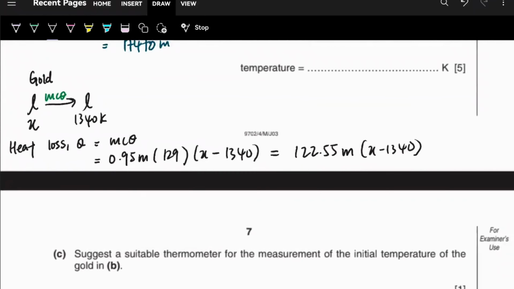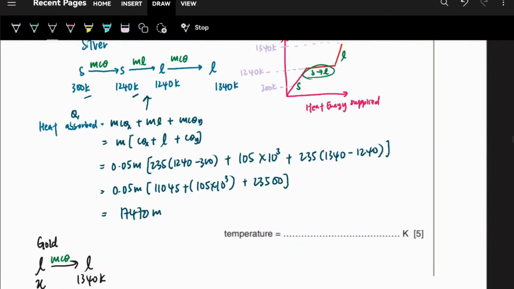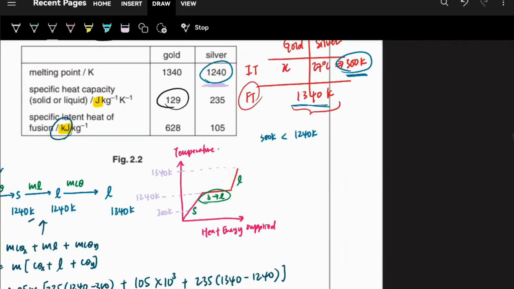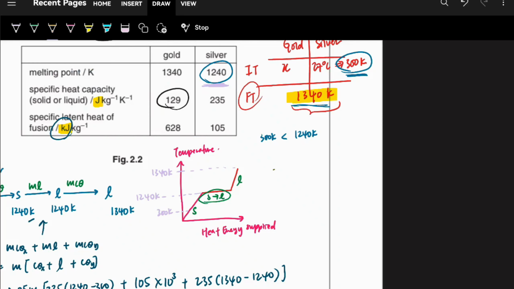Okay. So we've got our heat loss equation. We got our heat absorbed. So coming back to the fundamentals of thermal equilibrium, when both of them reach thermal equilibrium, they hit the same temperature. There is no net heat transfer. That means the heat absorbed and the heat loss are equal. So if I were to write the equation again, heat loss equals heat gain.